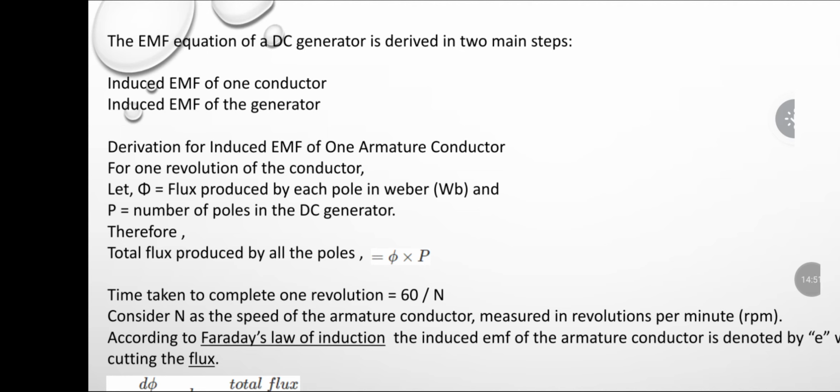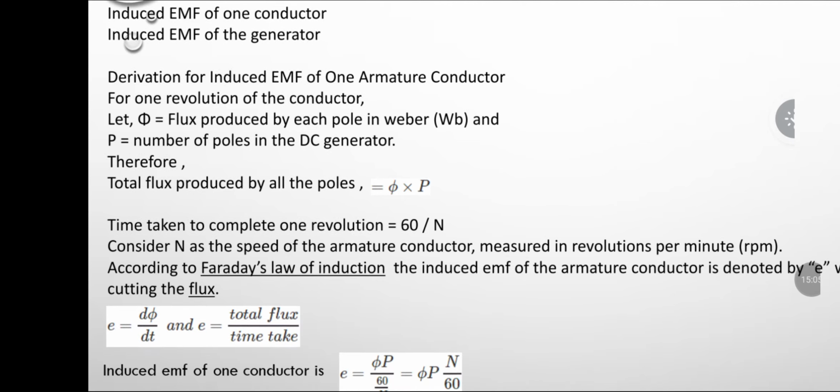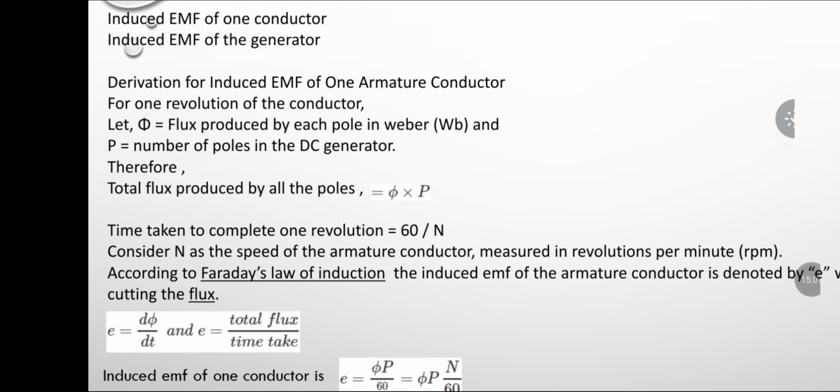P is the number of poles in the DC generator. Therefore, the total flux produced by all the poles is equal to phi into P. Time taken to complete one revolution is equal to 60 upon N, where N is the speed of the armature conductor measured in revolutions per minute, RPM.